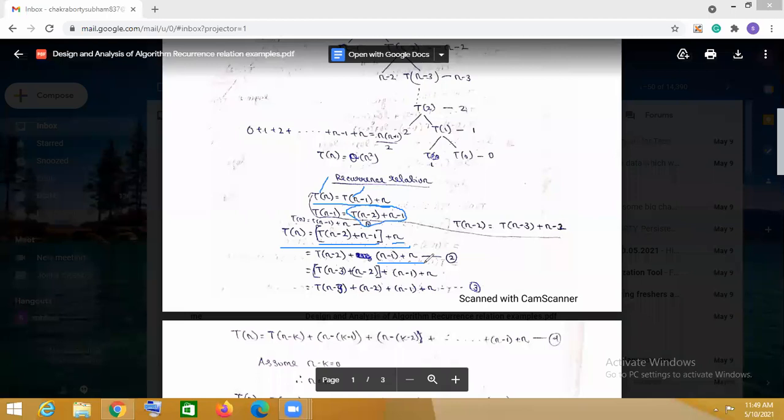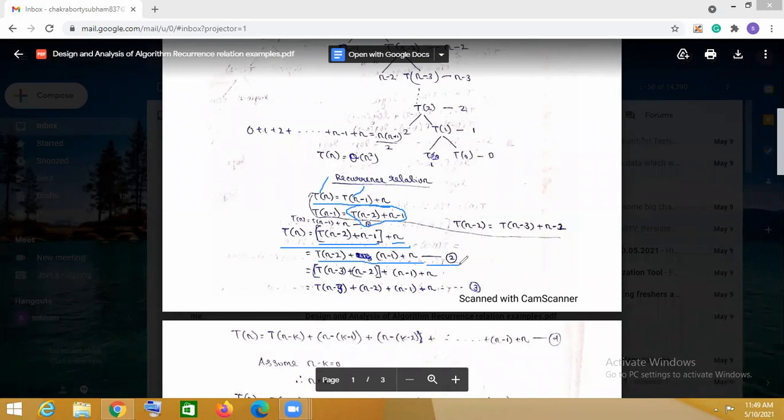Otherwise, if you add the terms, it will become difficult to find the formula. So always put it in the exact form which you get. That's why I have not added it, and our total function becomes Tn minus 2 plus n minus 1 plus n.